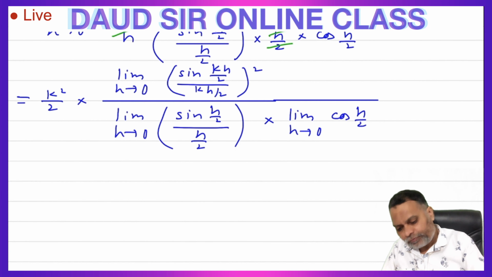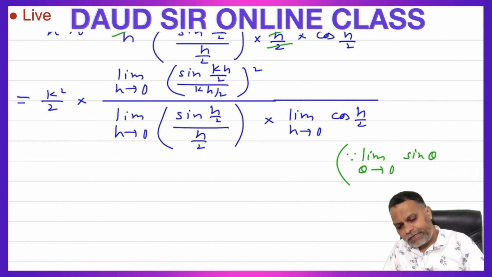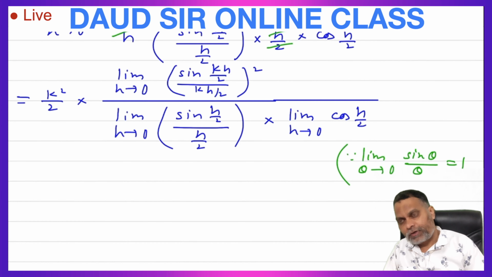So by using this limit, theta tends to 0 sin theta upon theta is 1.